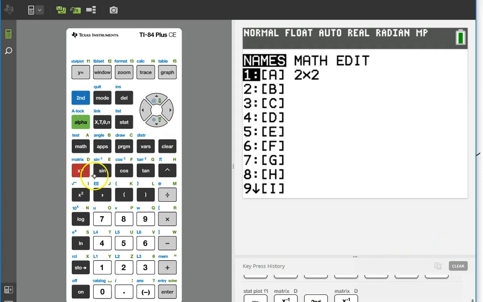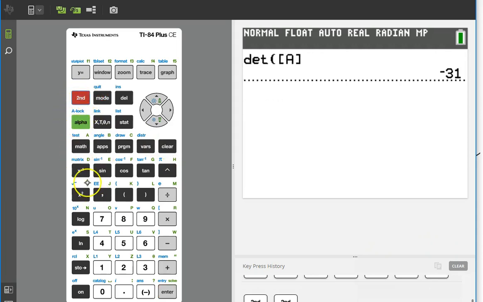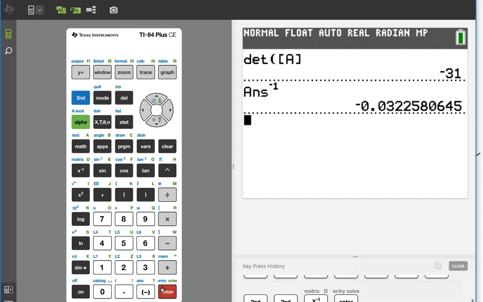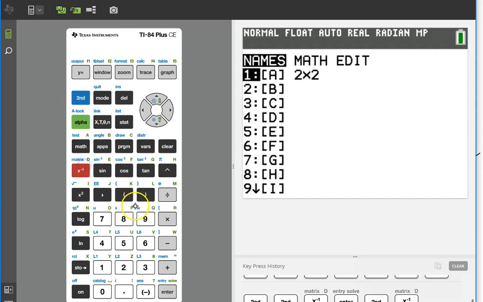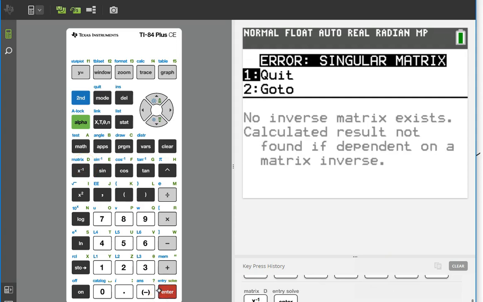Second matrix A. Sorry, guys. Quit. Okay, second matrix A. Finally. Then I'm going to hit my little inverse button and hit enter. Oh, no inverse matrix exists, so that cannot have an inverse. Okay, so that's one way to find out what its inverse is, to see if they match.